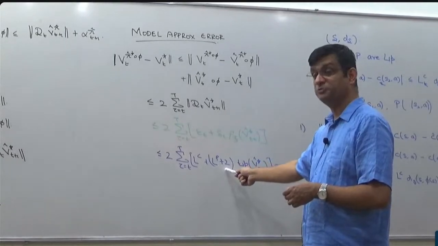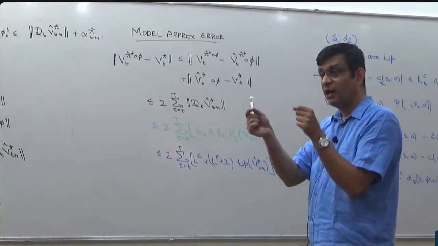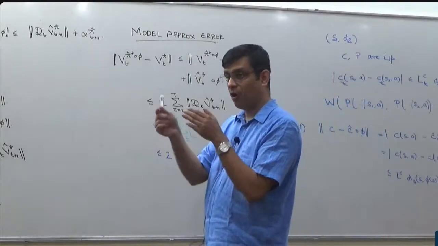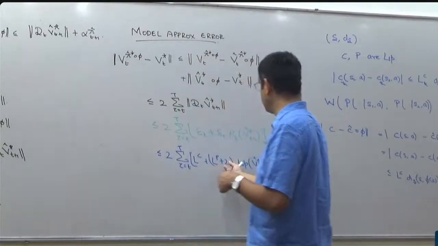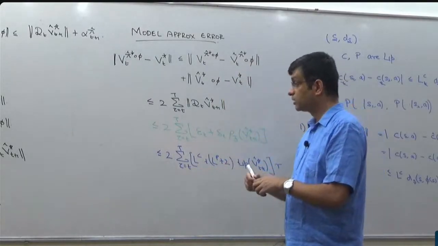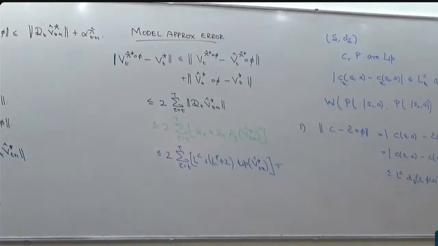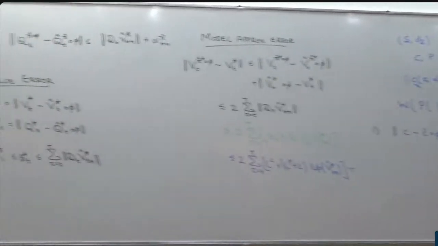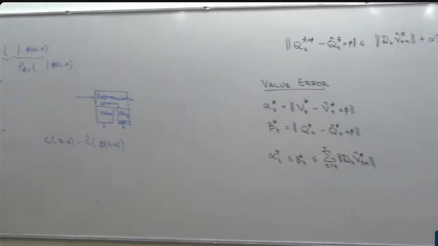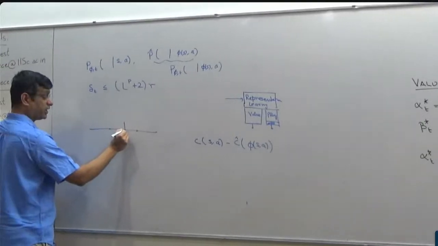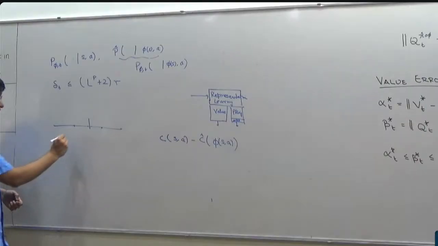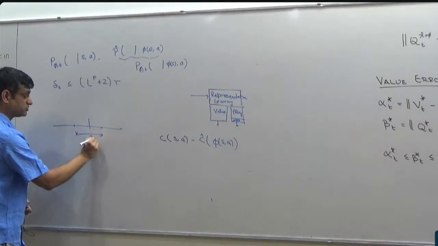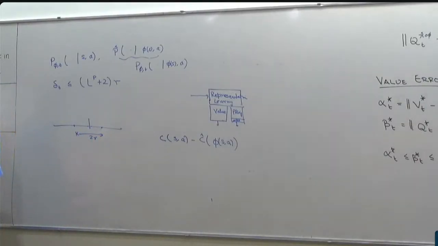This 2 is precisely because of that, because one could have gone on the left and one could have gone on the right. So you see, what ends up happening is this was my boundary, this is one center, I take a state here and a state here, and now I'm comparing dynamics from these two points. That's the reason I'm getting this 2R distance here. So that's the place where it reflects.